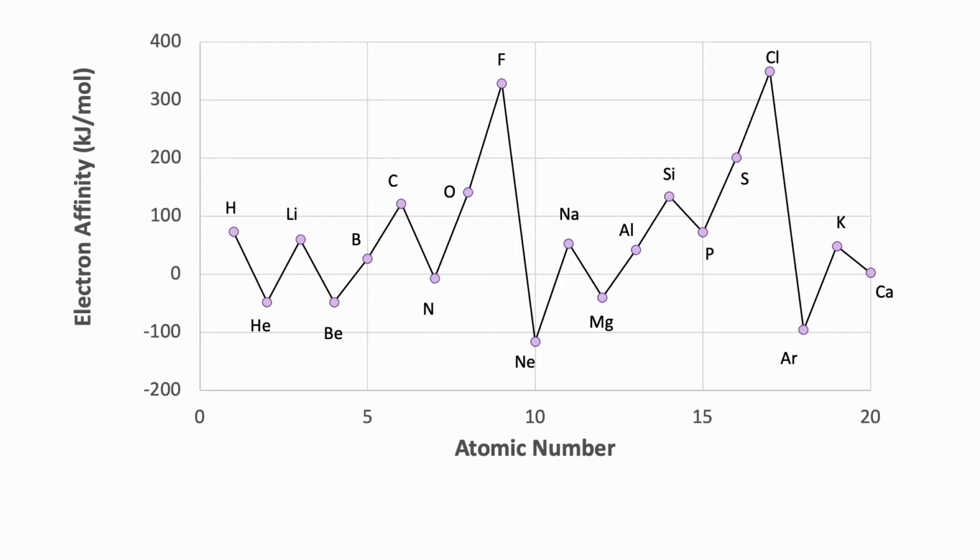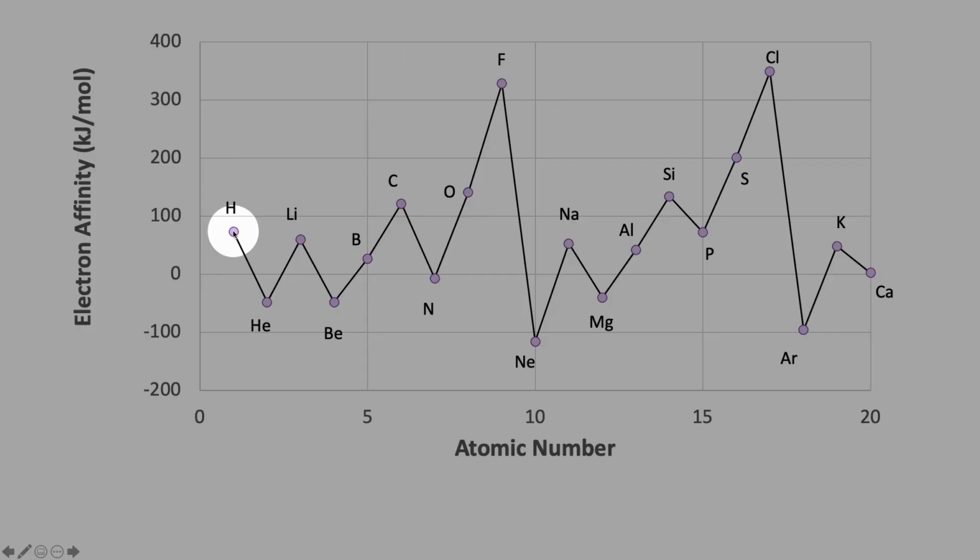So here is a graph. You can see that this graph is even more funky than the ionization energy graph. So we can put an electron on hydrogen. Helium really doesn't want one. We can put one on lithium. Beryllium also doesn't want one, and if you think about that, that's because beryllium has a full s shell. You have to put the electron in a p shell by itself to give it an extra. Okay, boron can hold on to one a little better. Carbon can hold on to one.